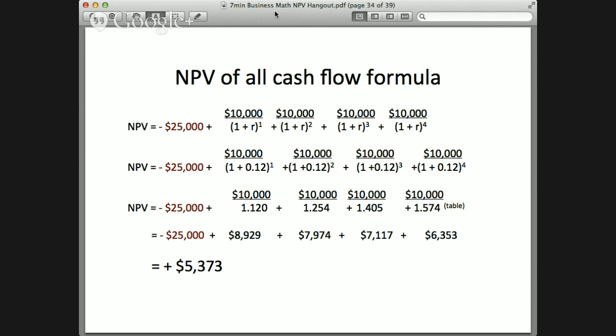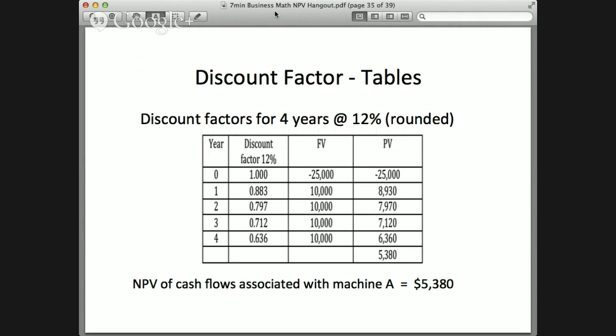Using the table that we looked at before, the result is minus 25,000 for the initial outlay plus what we've earned: 8,929, 7,974, 7,117, and 6,353, which leaves us a balance at the end of the 4 years of $5,373 return.